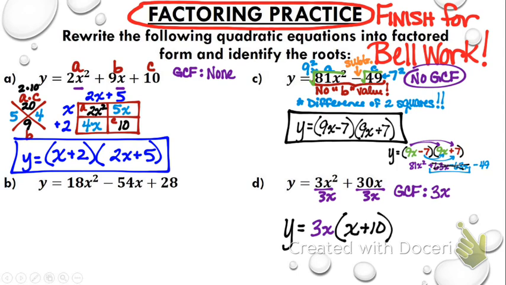x plus 10. So how would I find the roots for that? How many factors does that have? What does the F in GCF stand for? Greatest common factor. So 3x is a factor. How many factors do I have? 2 factors. So how many roots will it have? 2 roots. We would take 3x and set it equal to 0. We would take x plus 10 and set it equal to 0.